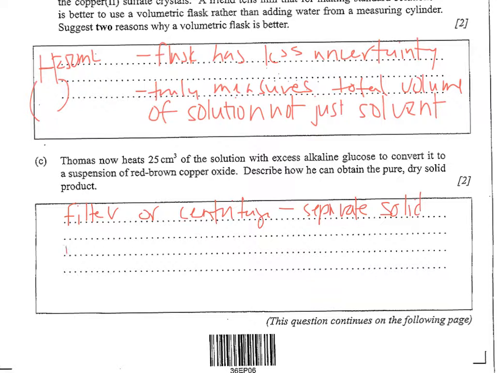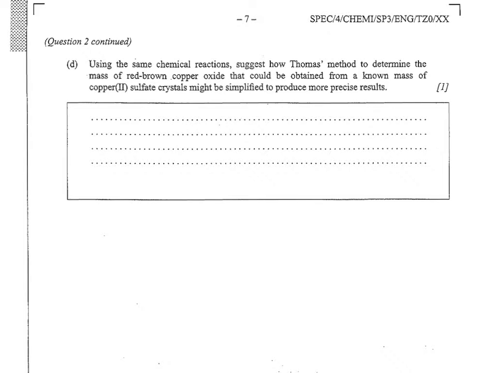Then he should rinse it with water to try and dissolve any impurities. And then he needs to dry it in the oven so that he only has the copper oxide crystals remaining. Part D, using the same chemical reaction, suggest how Thomas's method to determine the mass obtained from a known mass of copper 2 sulfate crystals might be simplified to produce more precise results.